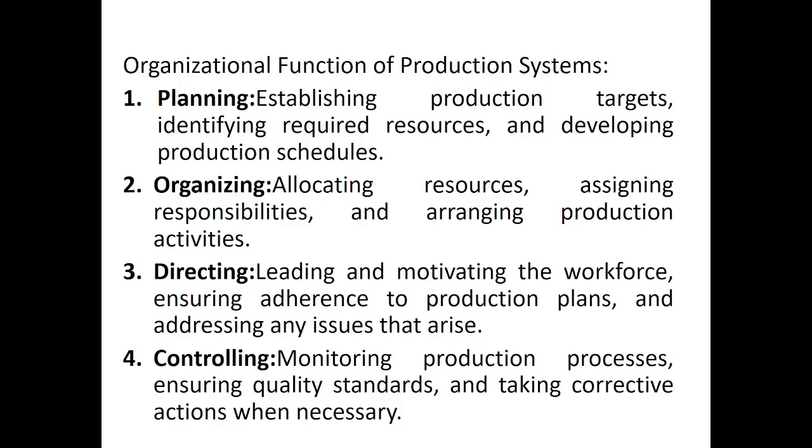This is called identifying required resources. And then developing production schedule. Then the schedule is made: how to develop the productions, how to deliver the productions, how to satisfy the customer and services by providing the finished goods. These all come under the planning part.